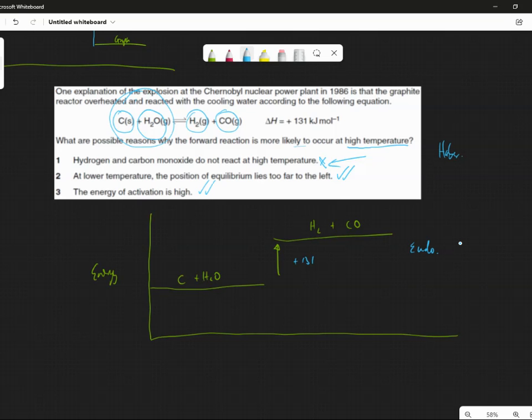And also, you're breaking up carbon. Carbon has very, very strong bonds. As you all know, in period two, it has the highest melting point, doesn't it? The carbon-carbon bonds are very strong. So that answer is two and three are correct.